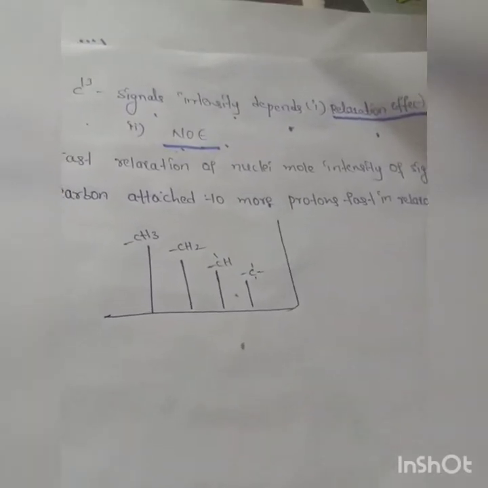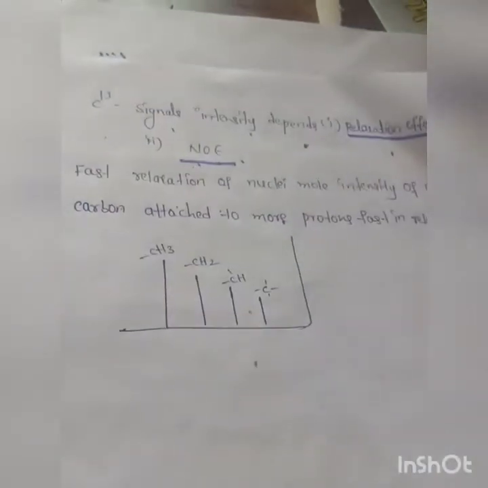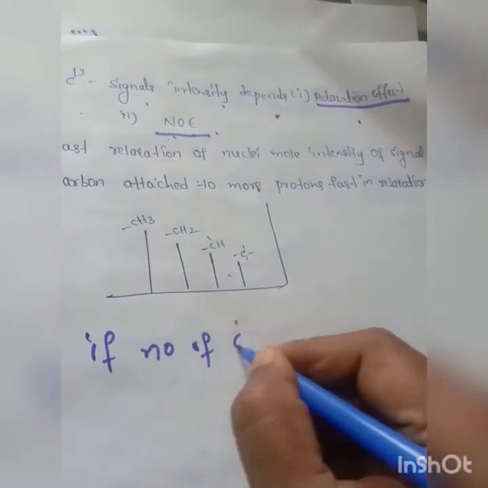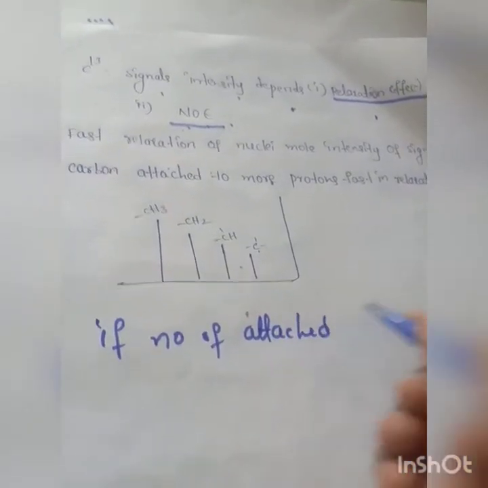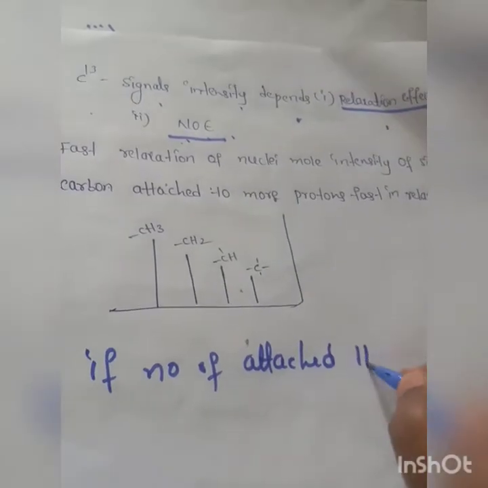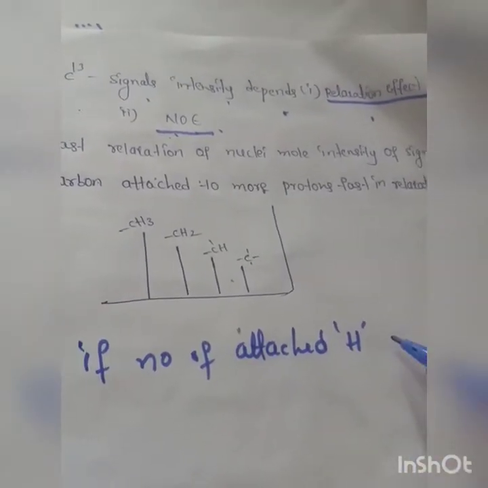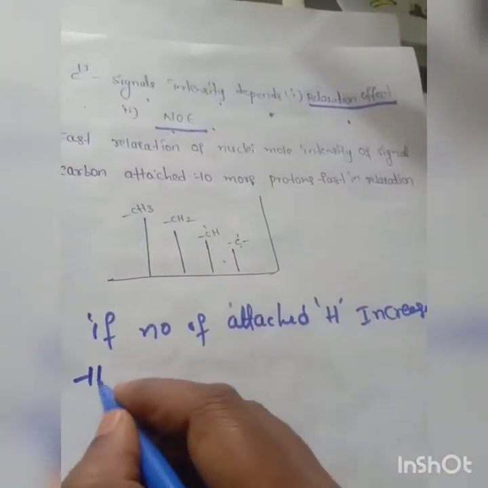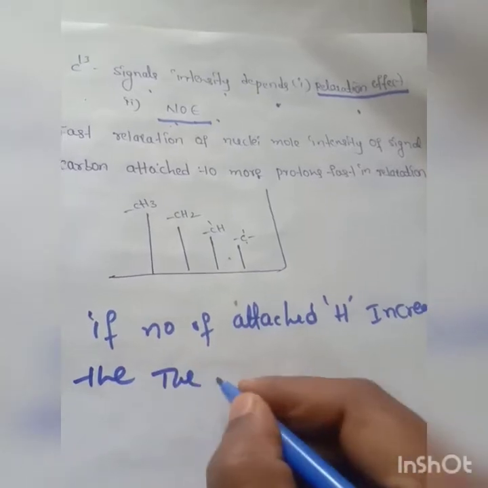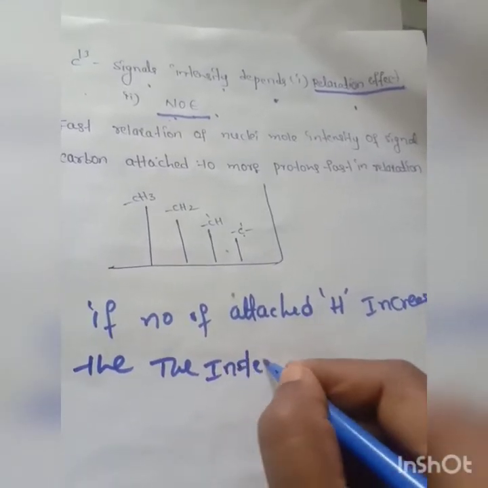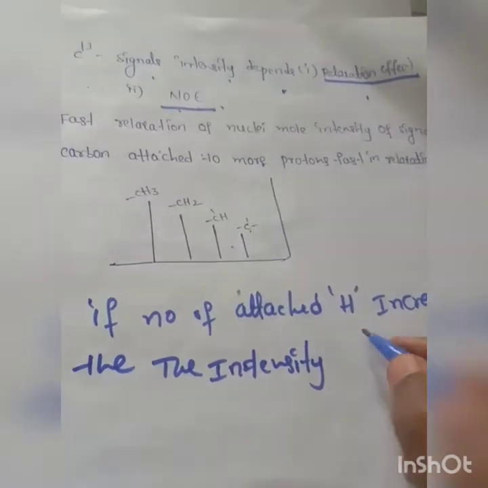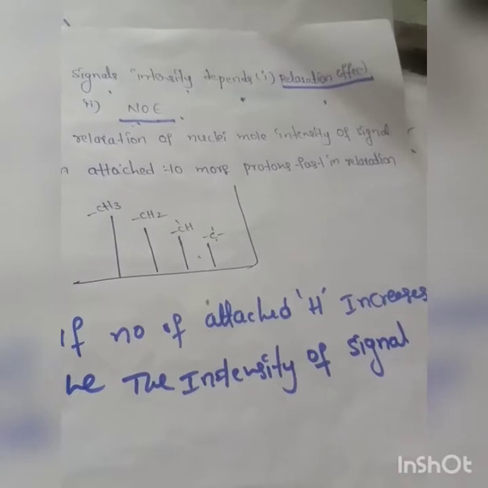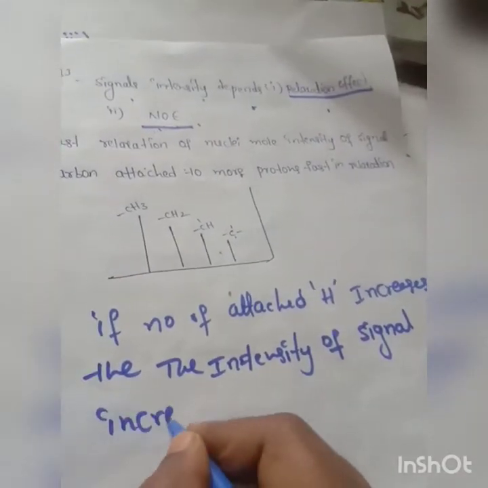Fast relaxation, meaning simply the concept is this: if the number of attached hydrogens or protons increases, then the intensity of the signal increases.